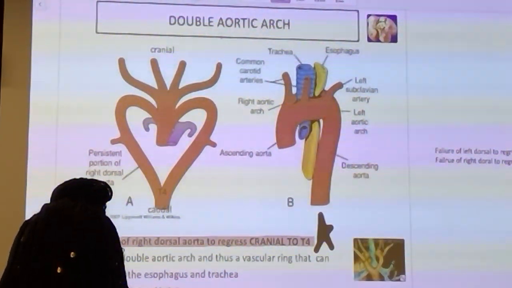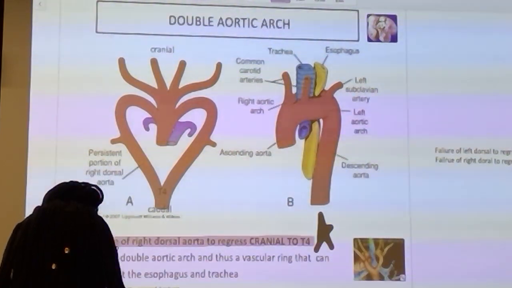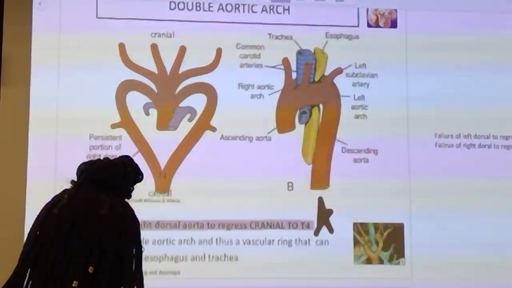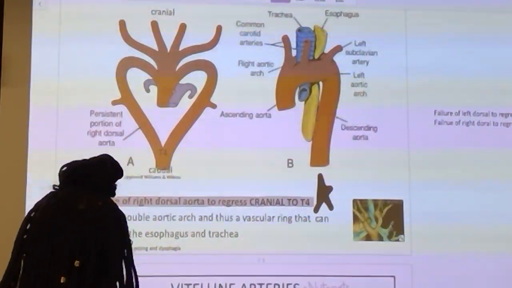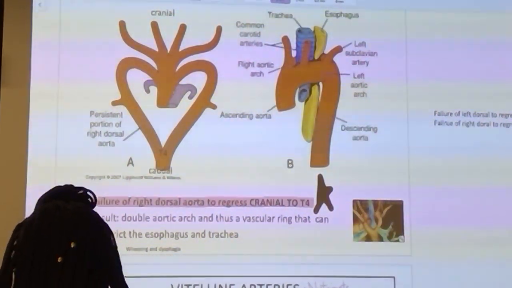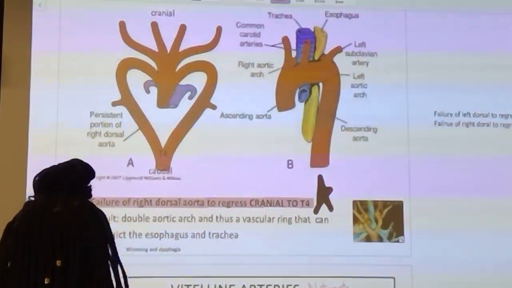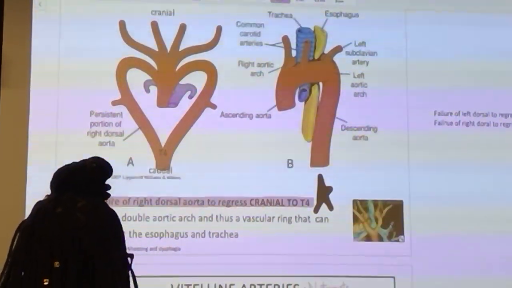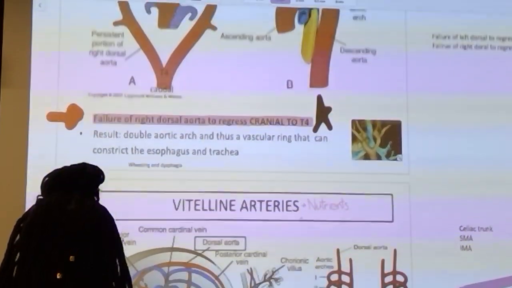And then for double aortic arch, just know that it's caused by the failure of right dorsal aorta to regress caudal to T4. Make sure you know that word for word, because they'll say failure of left dorsal aorta, failure of right ventral aorta, failure of right dorsal aorta to regress cranial to T4. So just know this word for word.